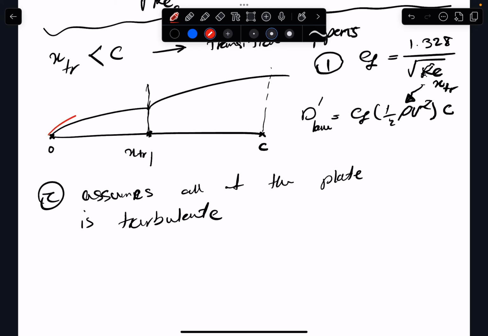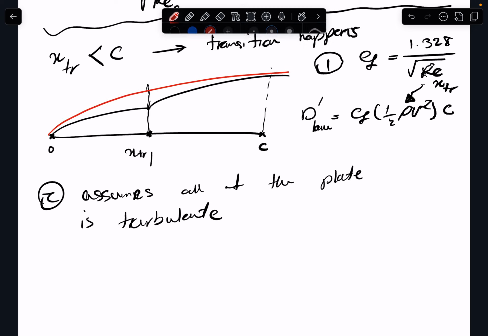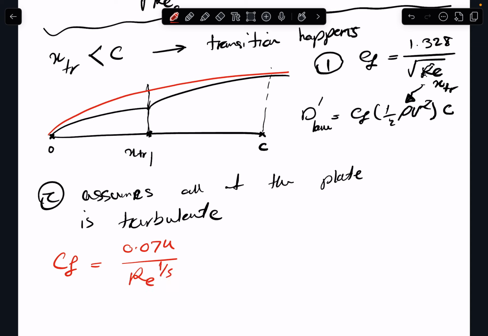Let's say we have a boundary layer like this. Okay. For this part, we have to calculate the new CF using the turbulent formulation, using the Reynolds number at the trailing edge, and then calculate the turbulent drag, CF 1/2 rho V squared C.